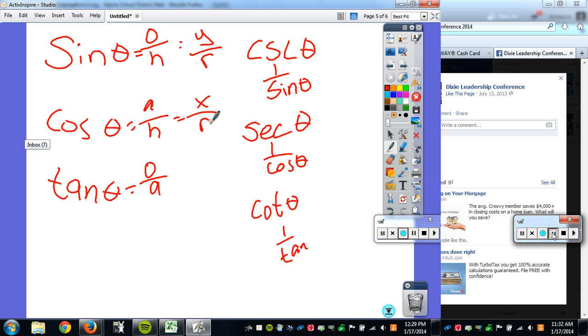Go to pi/6. What is the coordinate? It's root 3 over 2 comma 1/2. Write that down. And notice cosine is the x value there, which is root 3 over 2. Does that make sense?